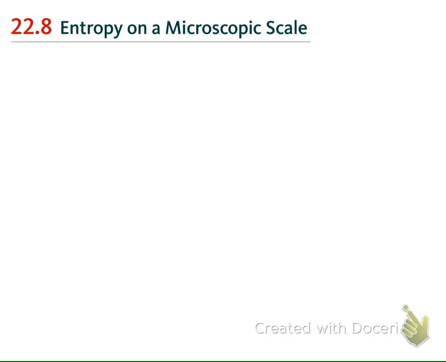So we will briefly show the example of this relation. This is a very brief and very simplified model. However, it gives us some feeling of what entropy is and how it relates to the microscopic world.